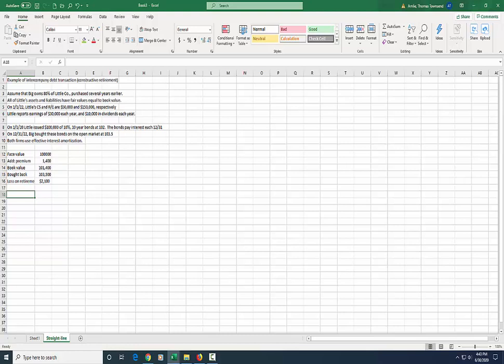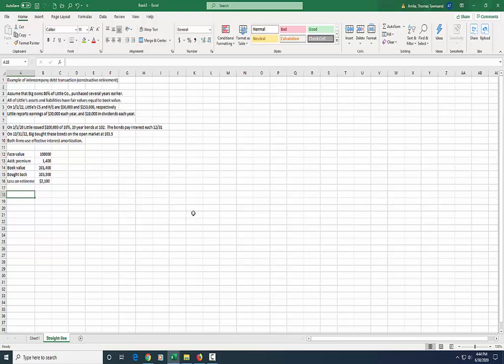Basically, neither company is showing a gain or loss on bond retirement individually. Little, the issuer, has a bond payable liability. Big, the buyer, has a bond investment asset. And yet, from a consolidated standpoint, these bonds have been retired at a $2,100 loss. So we're going to need to put this loss on the consolidated income statement.